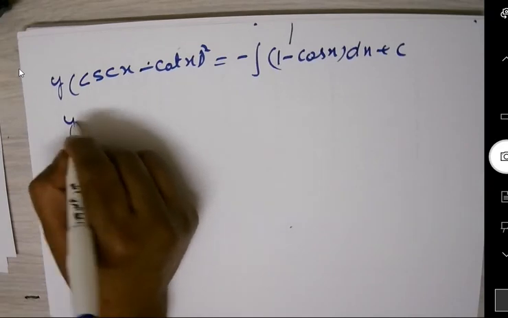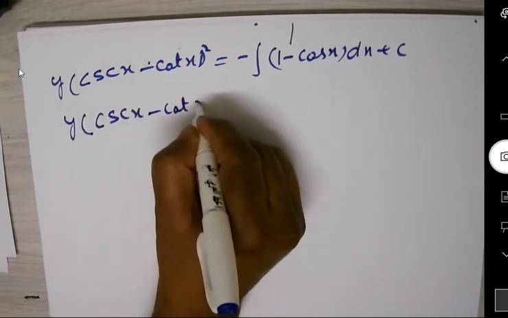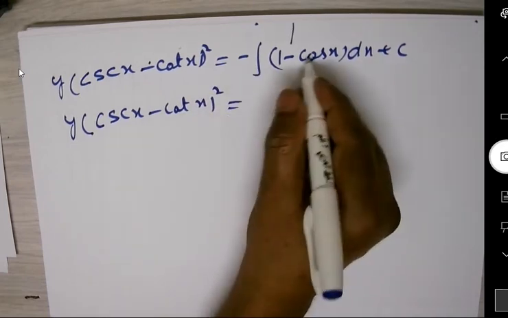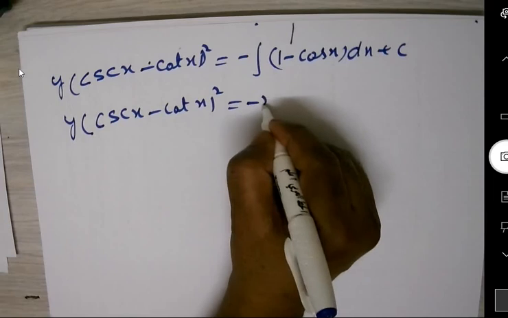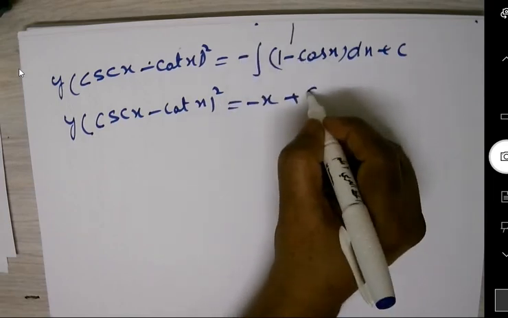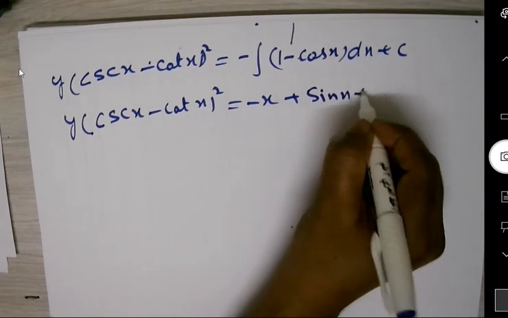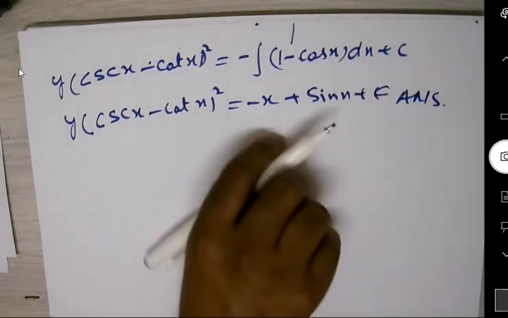Integrated: y CSC of x minus cotangent of x whole square, and open the bracket. So 1 minus 1 minus 1 means minus x, minus plus integration of cosine is sin x plus c. This is your answer of this question. Hopefully you understand that one.